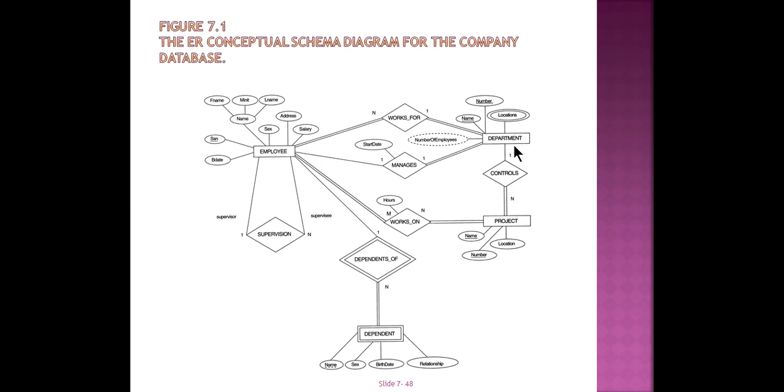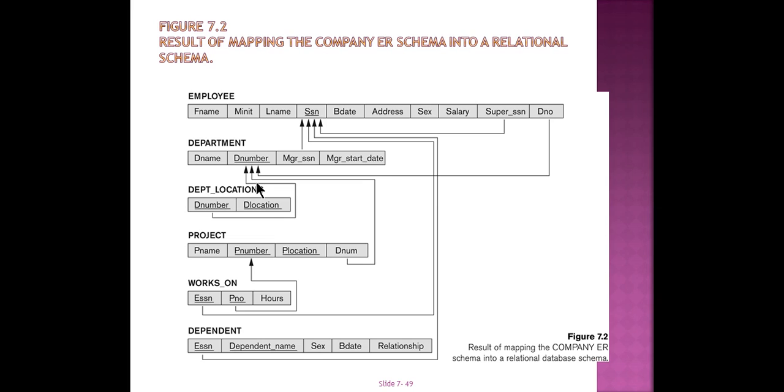So primary key of department is included in employee. Primary key of department is included in project. You can see here, the employee table contains the primary key of department, that is department number. This is the foreign key, and the primary key of the department is included here in project, that is the dnum.